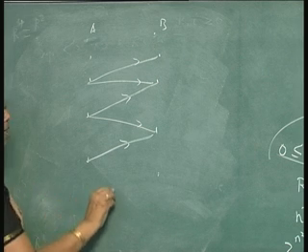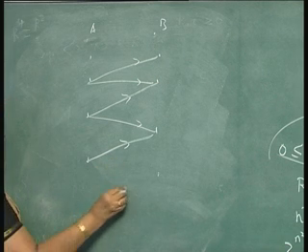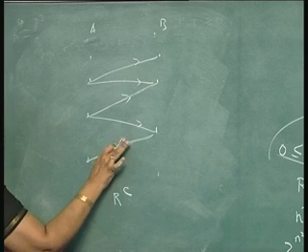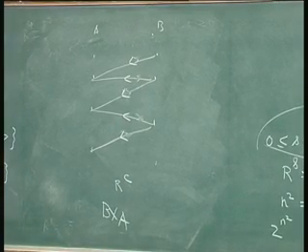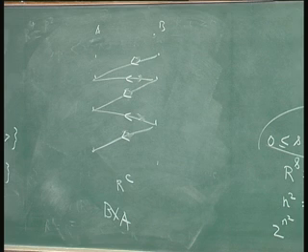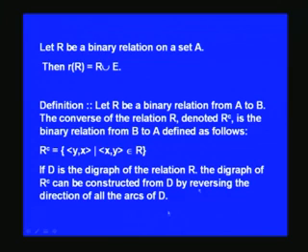The converse, if R is this, what can you say about RC? The arcs should be reversed, the direction should be reversed. So, it will be on B cross A. Let R be a binary relation. So, RC is the set of ordered pairs yx where xy belongs to R, and if D is a digraph, the digraph of RC can be constructed from D by reversing the direction of all the arcs of D.